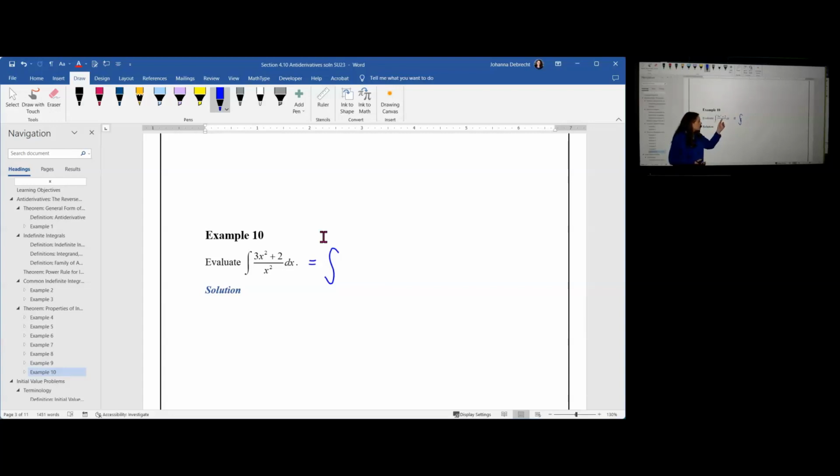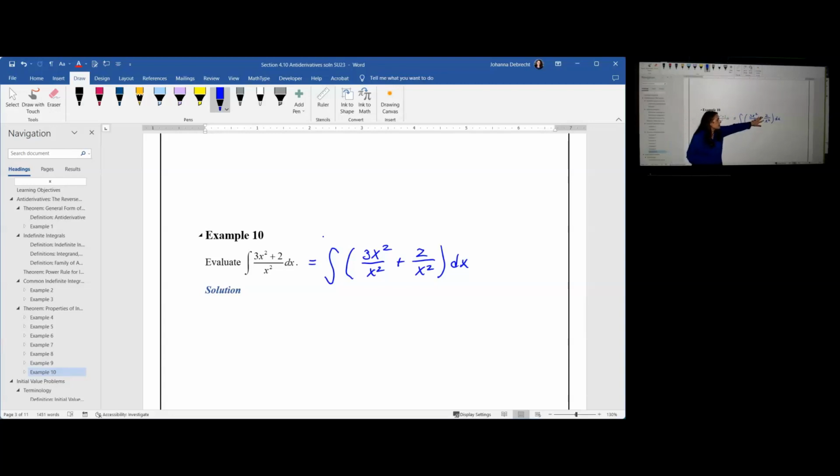However, the denominator is a single term polynomial, which means we can split this apart and think of the integrand instead as 3x squared divided by x squared plus 2 divided by x squared.